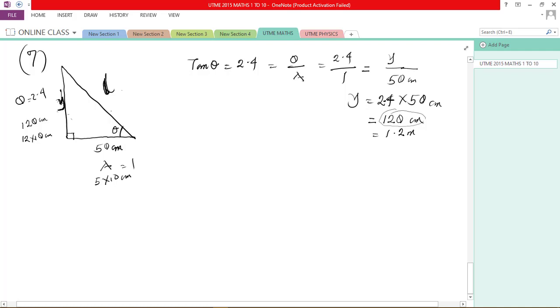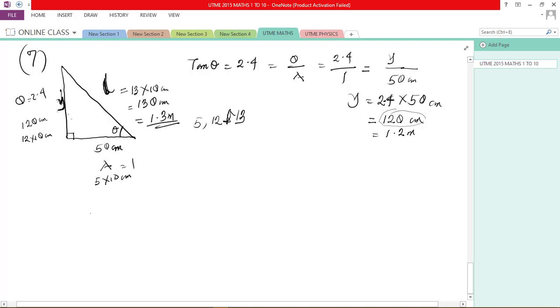And the Pythagorean triple we are using here is 5, 12, and 13. If here is 5 and here is 12, the largest one will be 13 for sure. So that's why I'm multiplying by 10. So here is going to be 130 centimeter, which is the same thing as 1.3 meters.